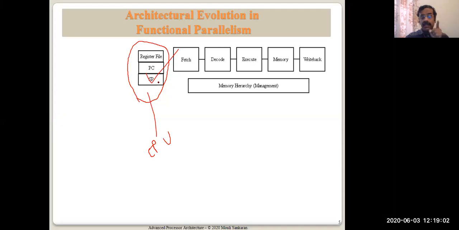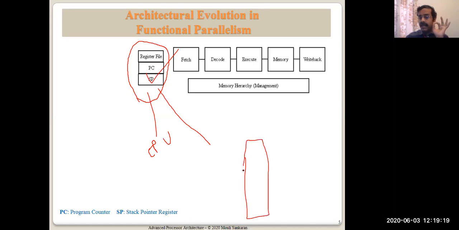When I say I am saving the content in SP, it is only a register, the stack pointer register, and its address. Do not misread that I am saving the whole stack content. No. Stack content, where is it? It is in the main memory. Somewhere you have identified a stack, which is residing here. This is the stack pointer of this particular process pointing at that location. I am preserving this value.